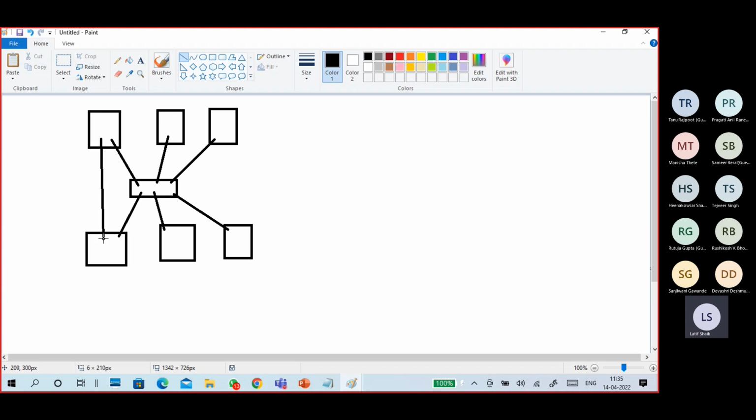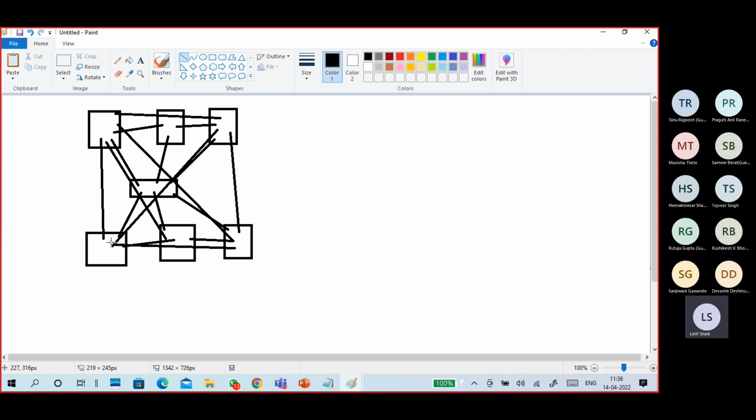And also, what is mesh topology? Every device is connected to every other device. Like this. Maybe like this.